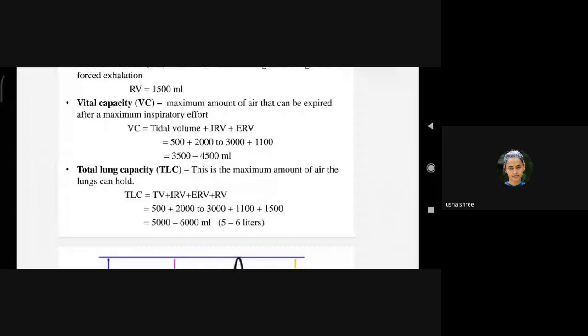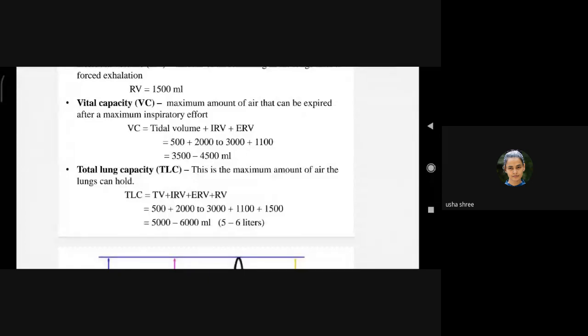Now add all those, it is 5000 to 6000 ml or 5 to 6 liters. So the capacity of lungs is 5 to 6 liters.